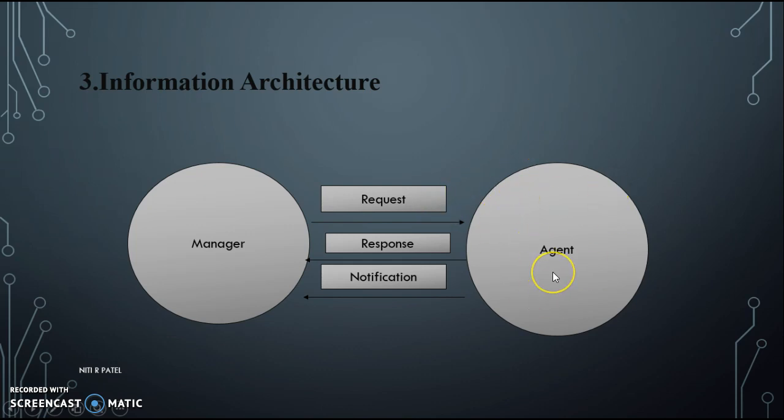The agent sends the message either in the form of a response or a notification to the manager. The information architecture should transport the information reliably across all the functional boundaries. So there are two types of communication services performed by the information architecture. Those are interactive oriented services and file oriented services.